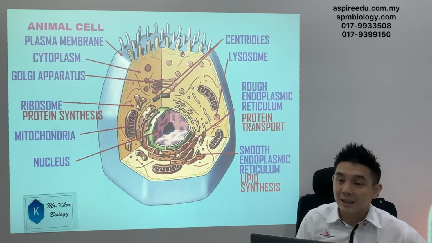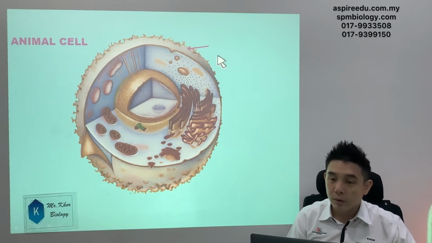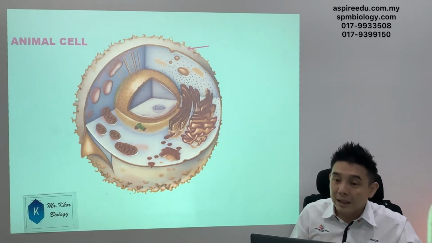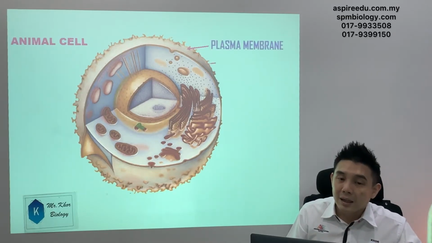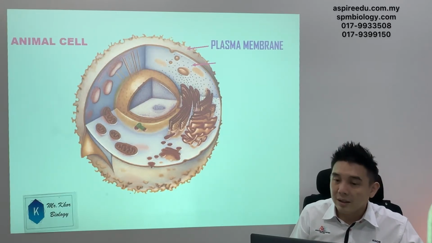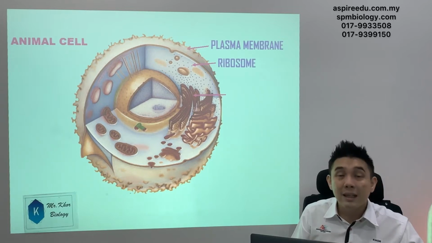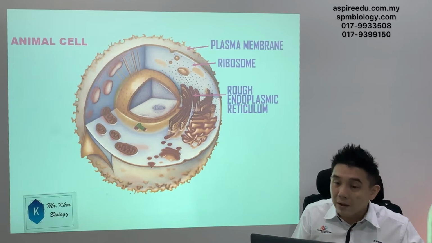Cylinder. Yeah, cylinder. So with that, guys, I want to ask you, what's the outermost layer now? Plasma membrane. Very good. Ribosome. Okay. This one here, RER, rough endoplasmic reticulum.